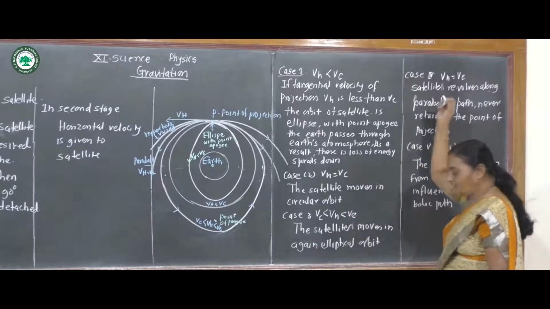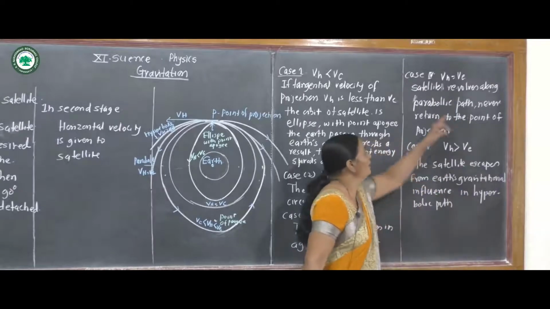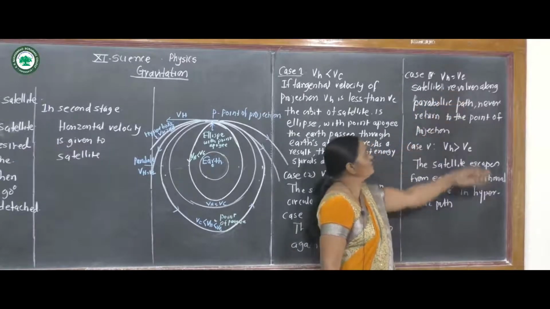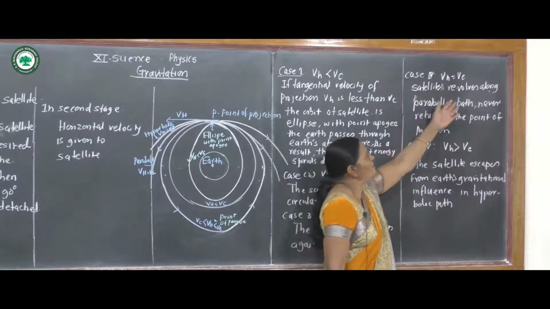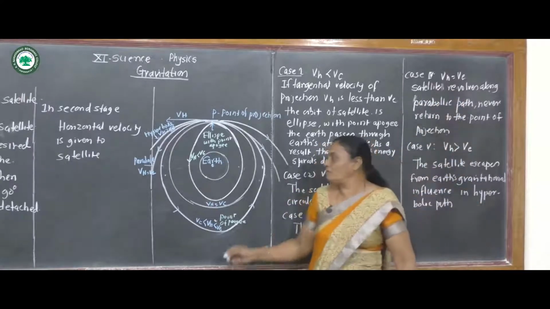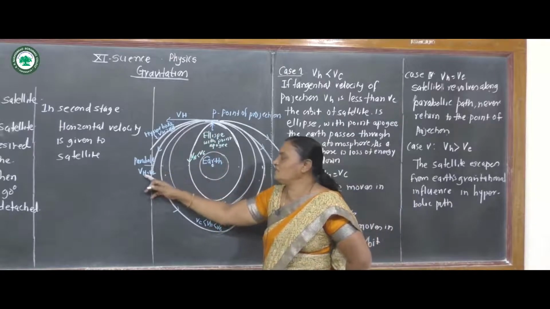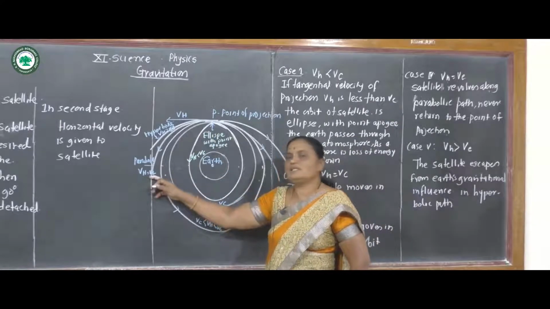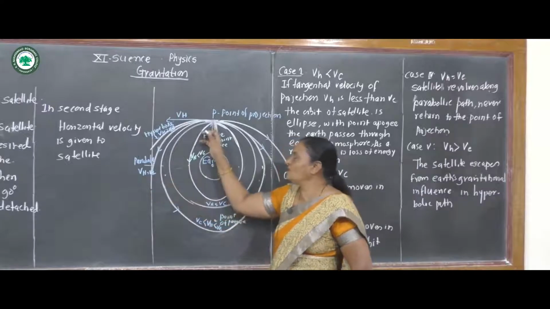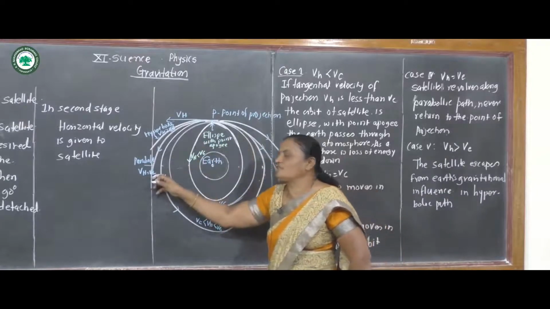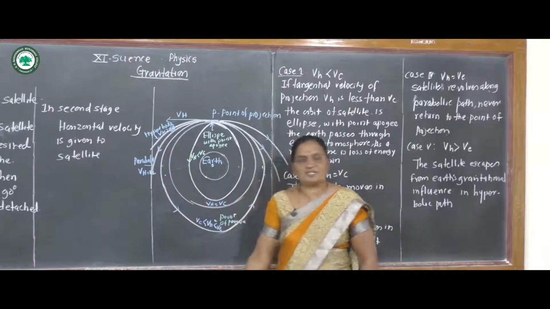Here, the horizontal velocity of projection is equal to escape velocity, and the satellite revolves in a parabolic path, that is, it is free from the Earth's gravitational field.